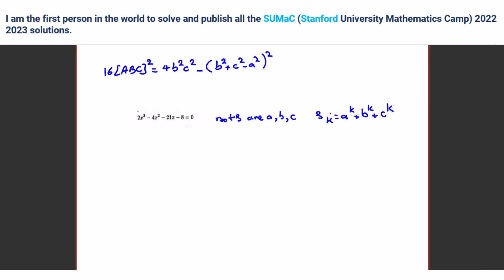Then remember Newton's sums? s_k minus 2 s_(k-1) minus 21 s_(k-2) minus 8 s_(k-3) is 0. Exactly.